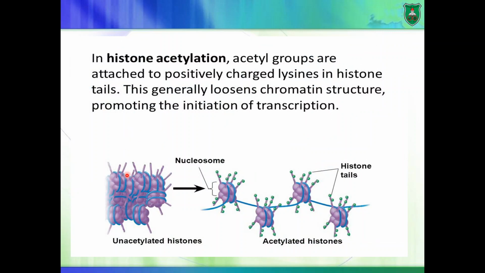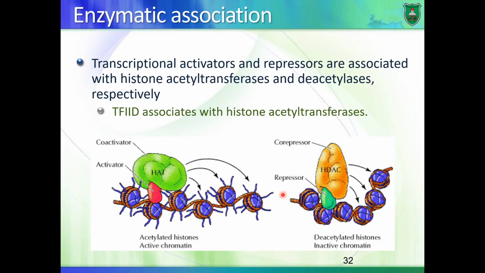Okay, so here you have a heterochromatin again, and what happens is that you have acetylation of histones, and that would weaken the interaction, making DNA relaxed, and that would activate gene expression. Interestingly, transcriptional activators and repressors are associated with these enzymatic activities.